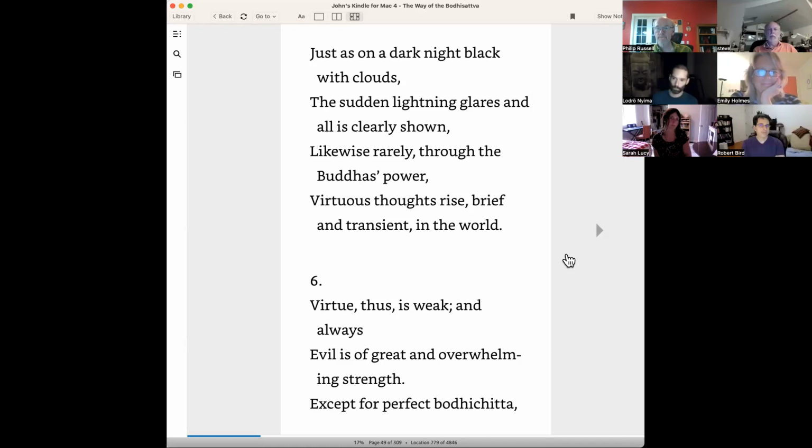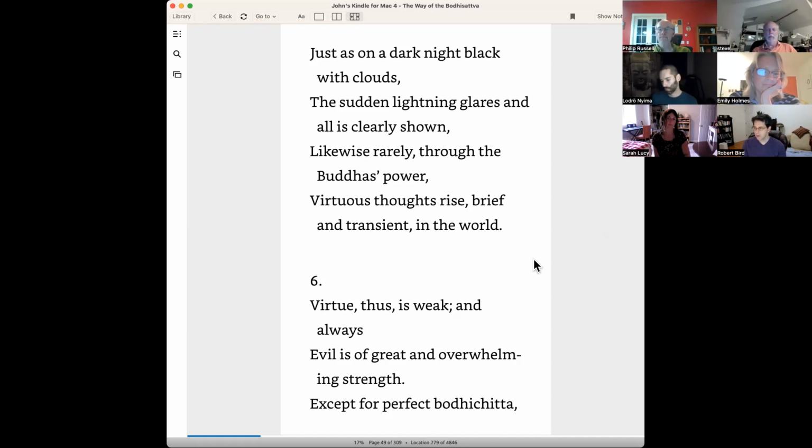This is probably the most famous stanza in this document of all. Just as on a dark night, black with clouds, sudden lightning glares, and all is shown. This was referring to the brief moments of insight that come to us and illuminate our way and give us inspiration to tread the path because we've seen something.